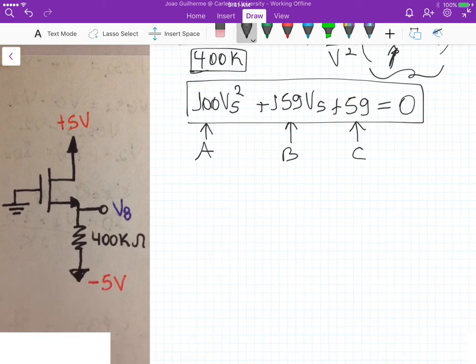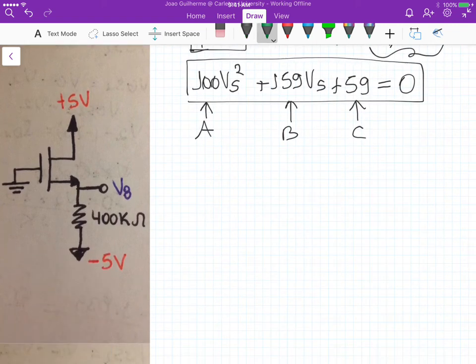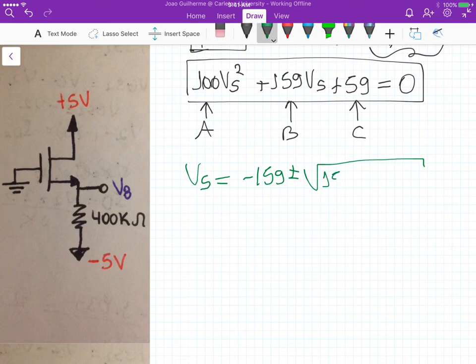So we can solve for Vs, and Vs is going to be equal to minus B, so minus 159 plus or minus the square root of 159 squared minus 4 times A, which is 100, times C, which is 59, everything divided by 2 times 100.